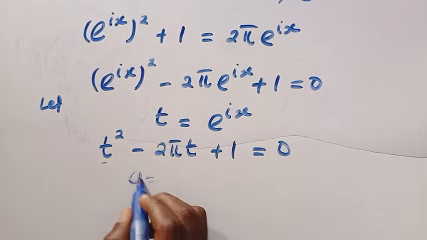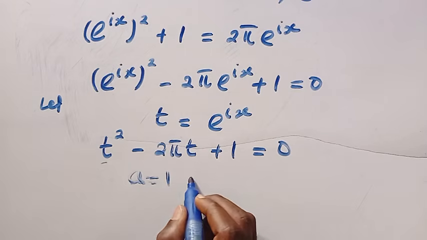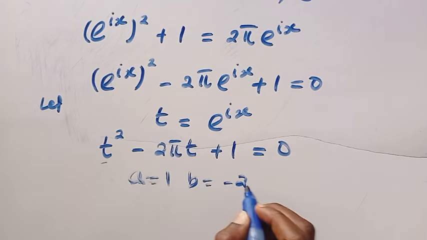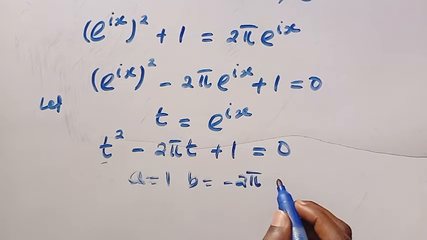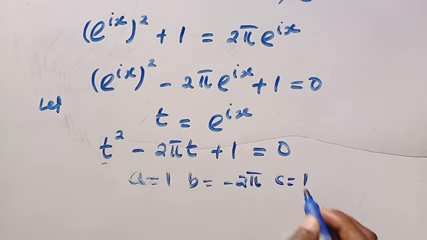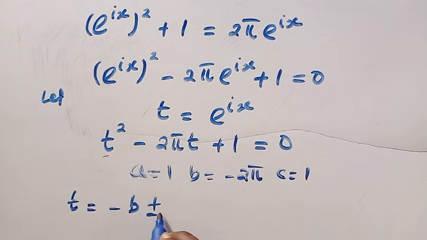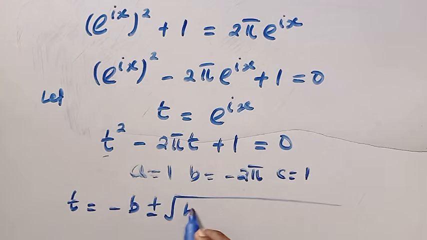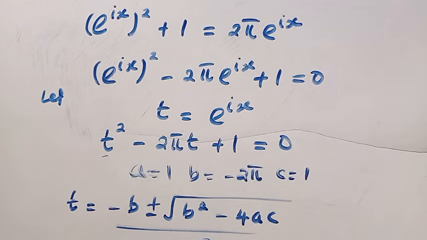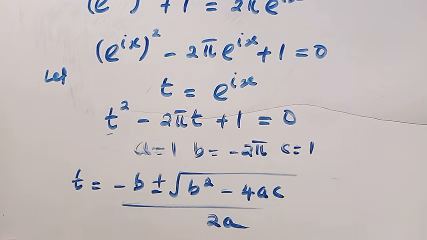A is the coefficient of t squared, that is 1, b equals minus 2 pi, and c equals 1. Substituting, t equals minus b plus or minus the square root of b squared minus 4ac, divided by 2a. This is the formula we are going to apply, and applying it will make things easy to solve. Let's substitute.